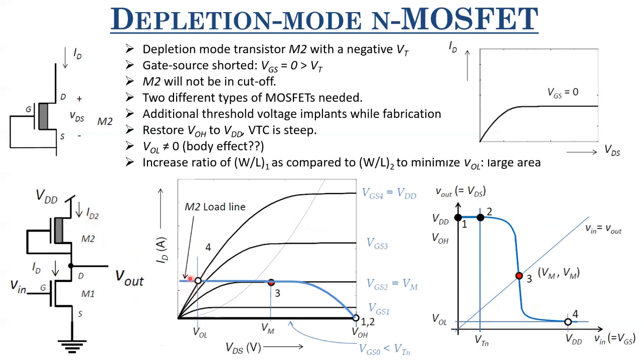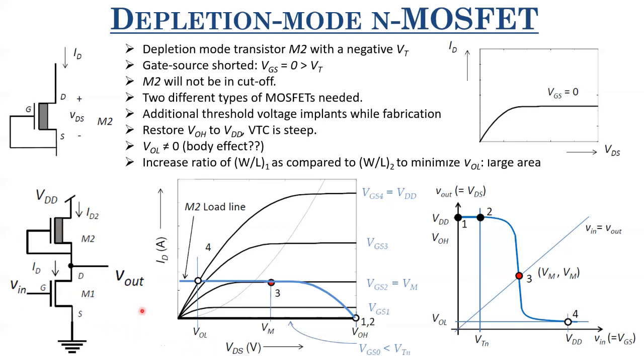However, for this VOL to be as small as possible, what is VOL? VOL is the voltage drop across this MOSFET when Vin is VDD. Since VOH is VDD, when Vin equals VDD, Vout is simply the VDS value, right? If you represent them by their equivalent resistances, it's simply VDD multiplied by the equivalent resistance of M1 divided by the equivalent resistance of M1 plus the equivalent resistance of M2.